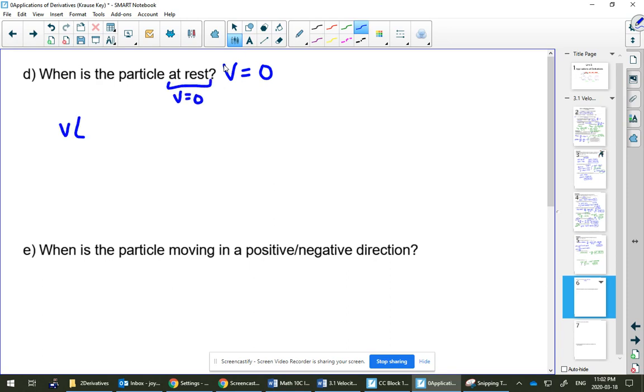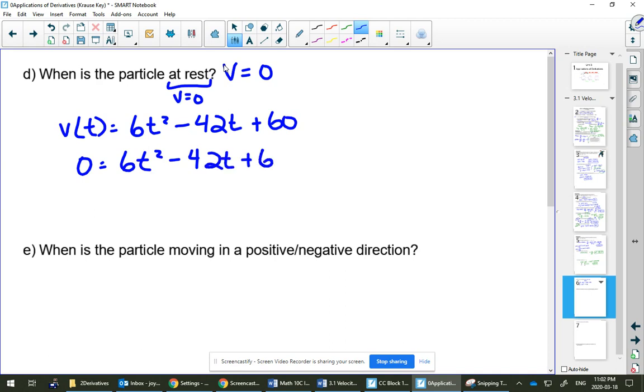So our velocity, again, was 6t squared minus 42t plus 60. So we sub in 0. And in this case, we have to factor. So we'll start by pulling out a common factor. Pull out 6. We've got t squared minus 7t plus 10.